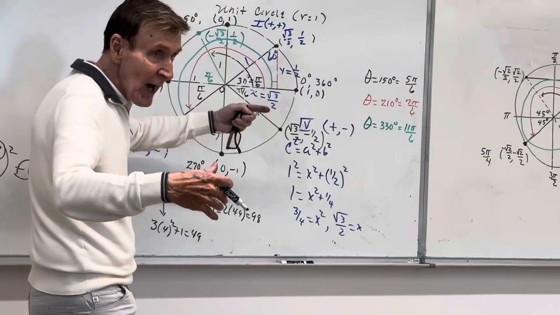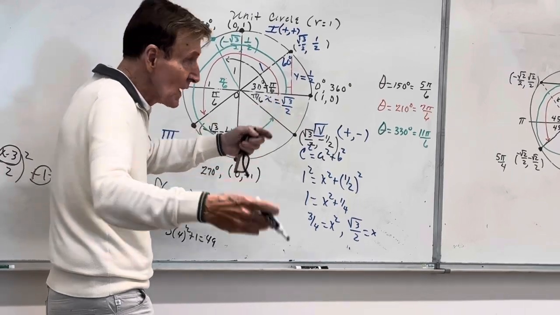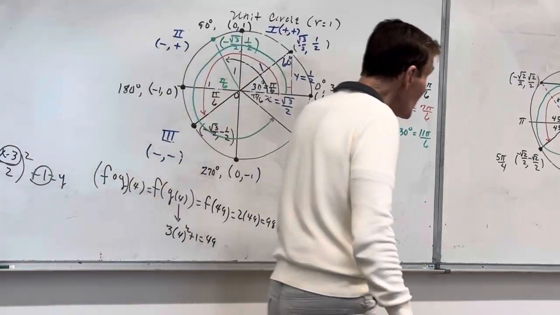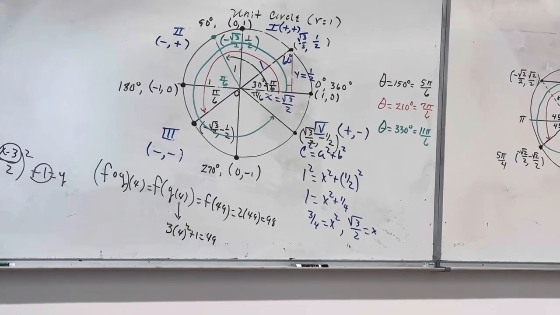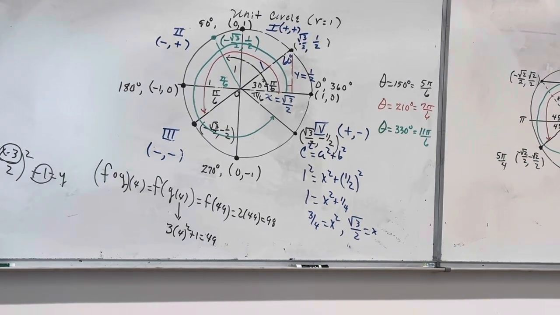Now if I place the y over the x, which is the definition for tangent, I'm placing 1/2 over, what was that? Negative? Radical 3 over 2. Now, of course, I got to clean that up. 2's will cancel, fast way, and you got negative 1 over radical 3.